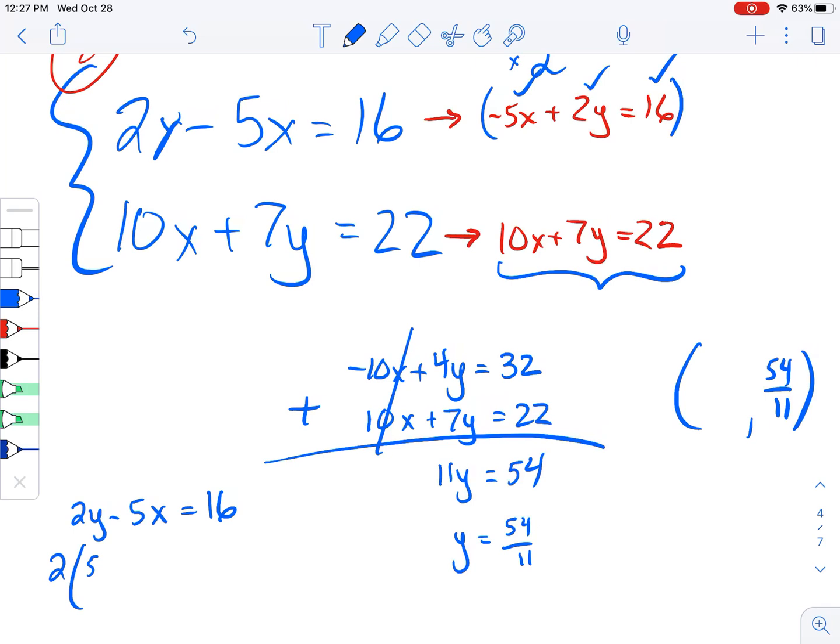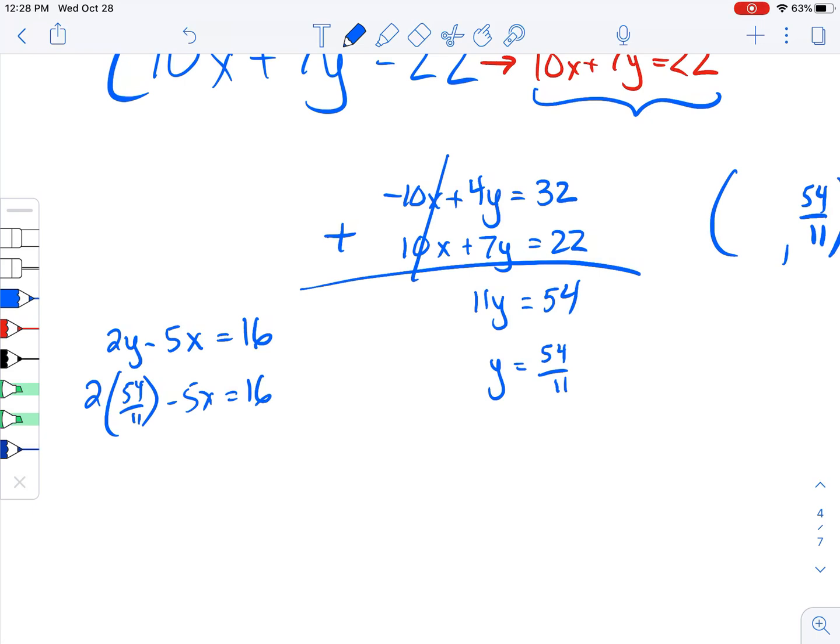So 2 times 54/11 minus 5x equals 16. That doesn't cancel. That's a bummer. 108/11 minus 5x equals 16. I'm going to subtract 108/11 from both sides.